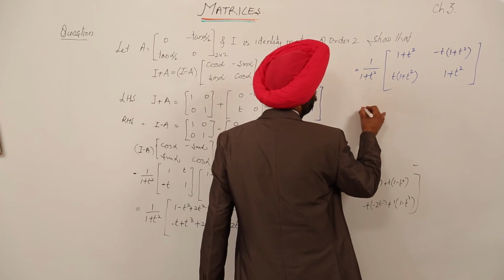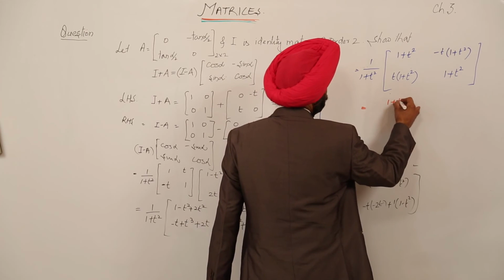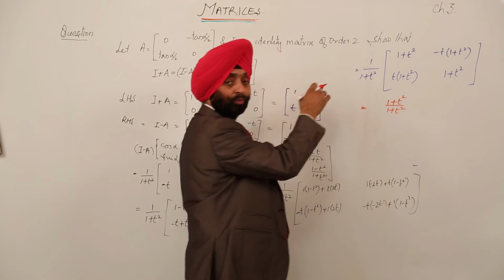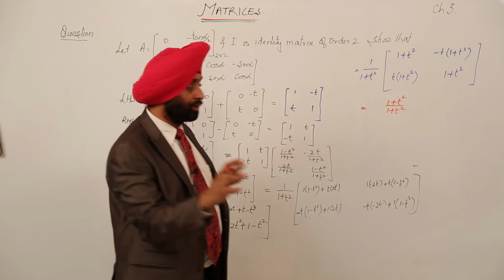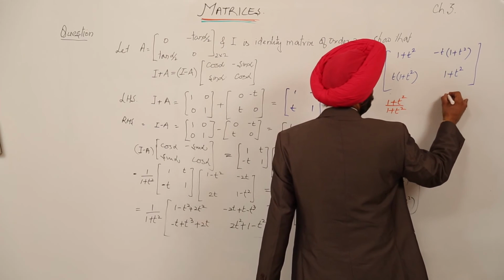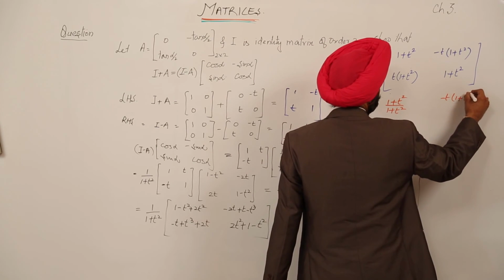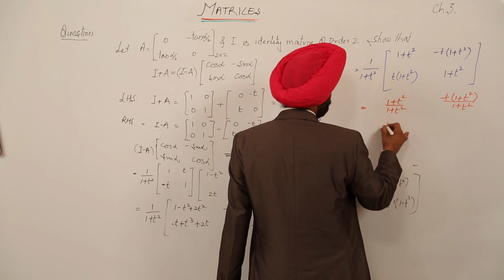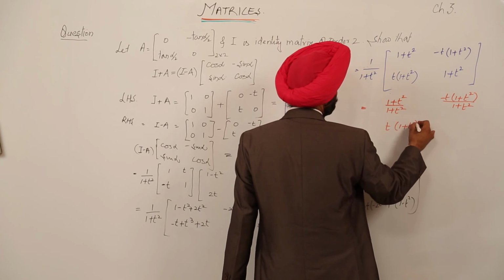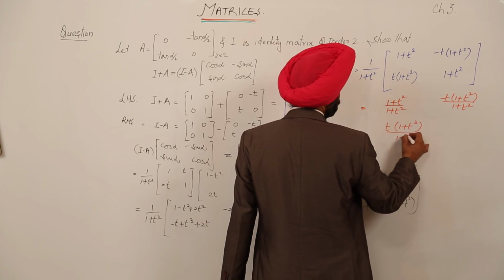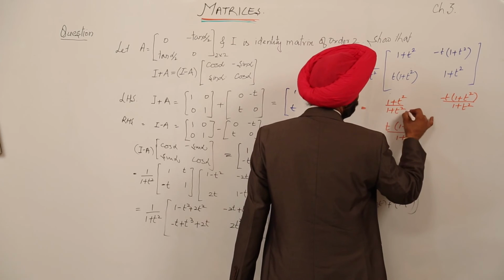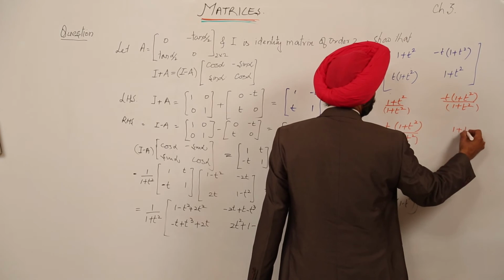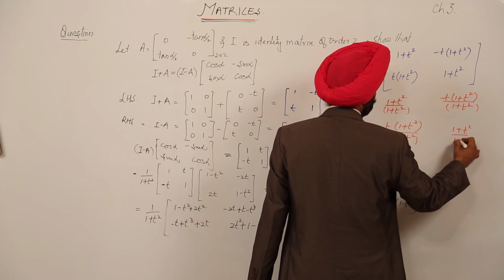We are having 1 plus t square upon 1 plus t square. This part, 1 upon 1 plus t square, is multiplied by each and every element: minus t, 1 plus t square upon 1 plus t square, then t, 1 plus t square upon 1 plus t square, and finally 1 plus t square upon 1 plus t square.